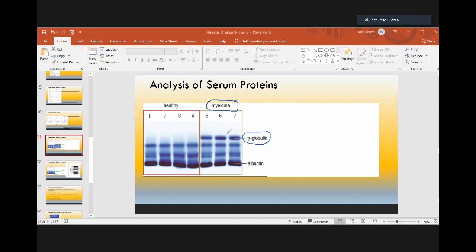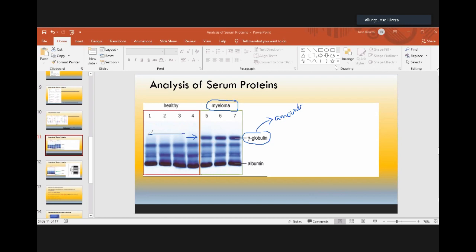So the pattern of migration is different. But the most important thing is the amount. So the amounts of gamma globulin in the myeloma patients increase. So the concentration is highly elevated. So this is how you would distinguish a person that has myeloma from a person that is healthy.